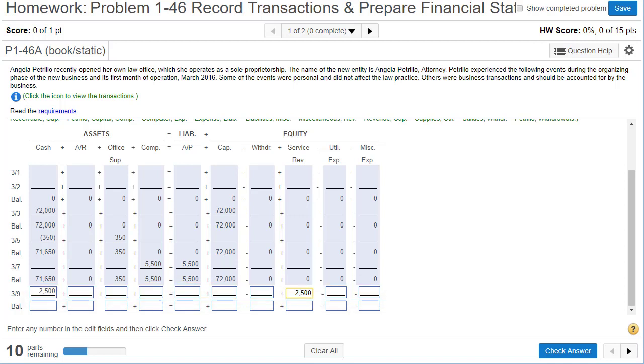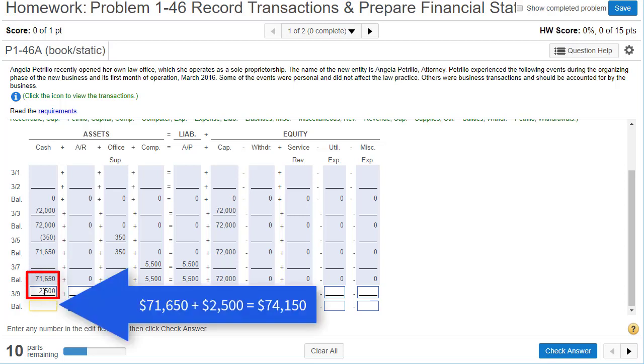Next, we bring down the totals. But of course, instructions say we do not enter zeros. Excuse me, we do enter zeros on the total row. So for cash, I'm going to take $71,650, add $2,500. That gives us $74,150.